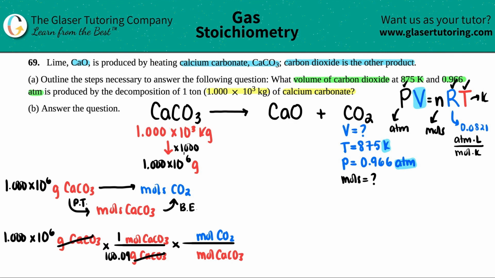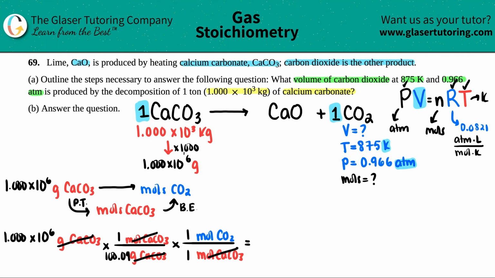All you're doing is just using those coefficients, CO2 and CaCO3. But in front of both of them, there was no number. But remember, that just means that you had one of each. So in this case, I have 1 mole and 1 mole. That cancels out. So you're left with just doing the math of 1 times 10 to the 6th divided by 100.09. And you get a big number.